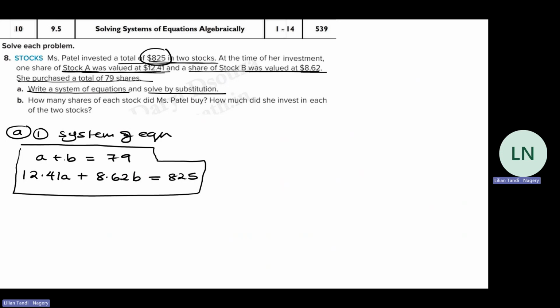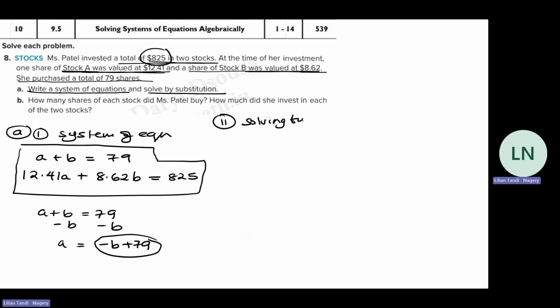Now I need to solve. So I know A plus B equals 79. I will subtract B on both sides. So A equals negative B plus 79. I will take this part and substitute it here. Okay, so I'm doing part 2, solving by substitution.